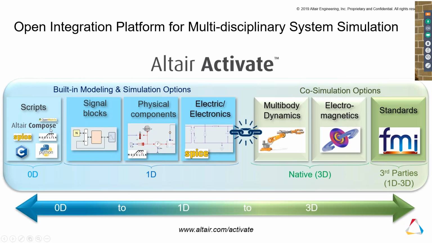Also relying on Compose, as we talked about earlier, for the 0D portion, and then connecting tightly through co-simulation to Altair's native 3D simulation tools, as well as to third-party simulation tools, again, through an open standard, the Functional Mock-up Interface. That's how we enable the 0D, 1D, 3D spectrum of simulation.